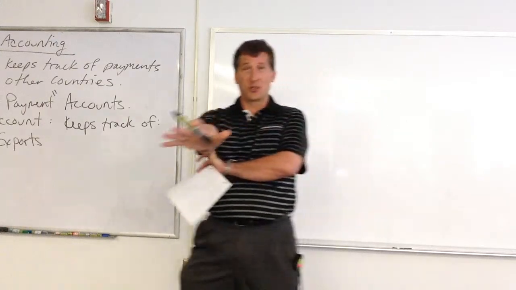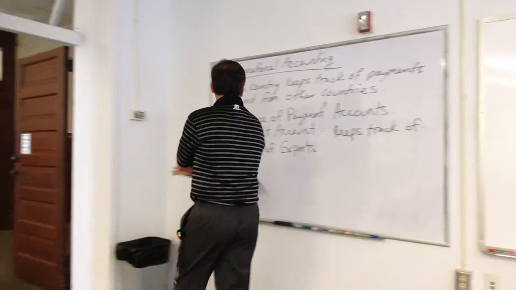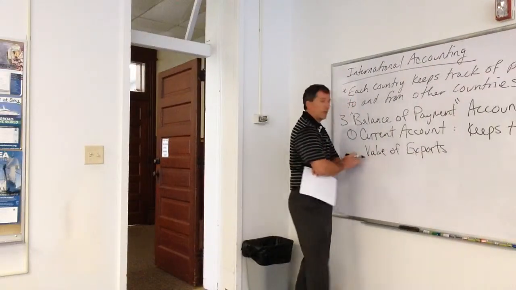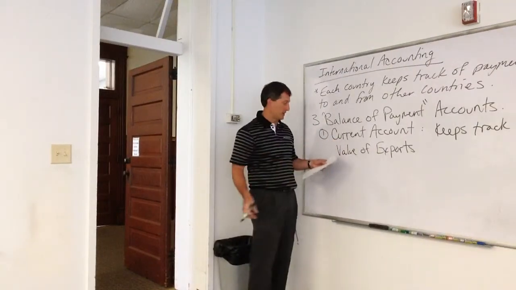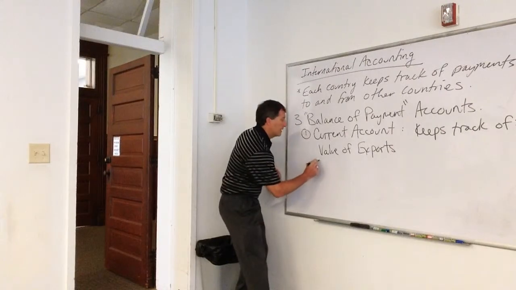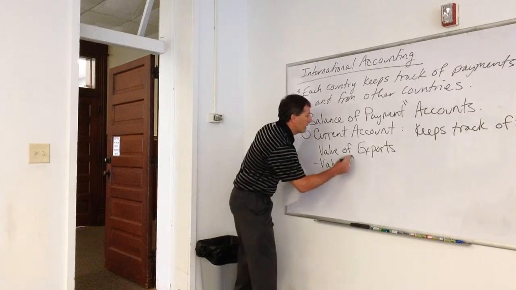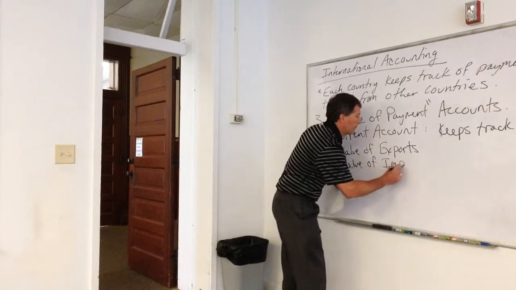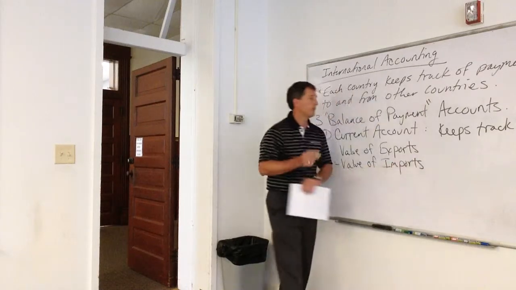Shipped out. So stuff we've sold to foreigners, right? So the dollar value of those exports, so we're talking in money terms here, the value of exports minus the value of what we purchased from them, imports.